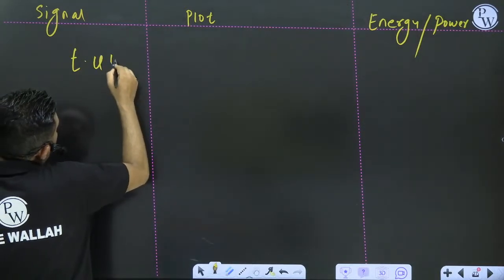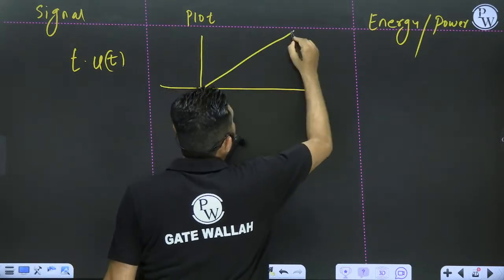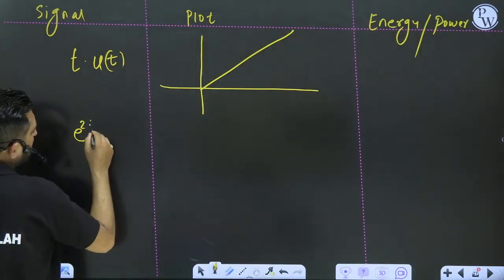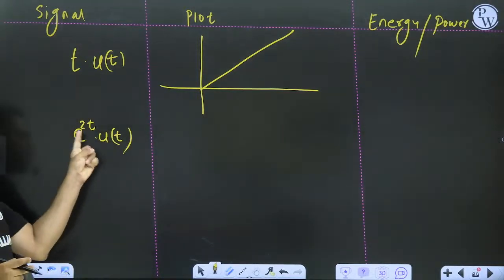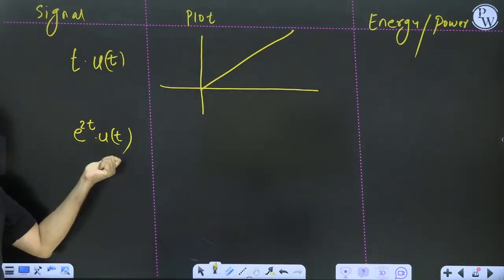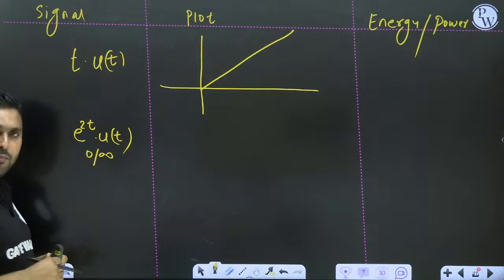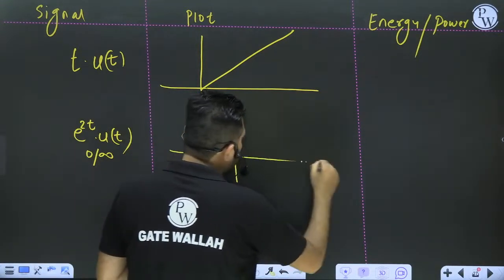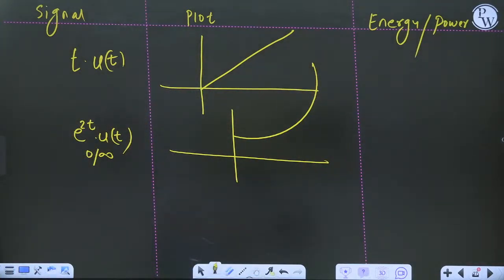You know that t u(t) plot is this one. Then the second one was e to the power 2t u(t). Now look, when you put 0, it comes out to be 1. But when you put infinity, what is the limit? 0 to infinity, no? When you put infinity, this comes out to be infinity. Don't you think that this is the plot which comes like this one? Okay. This is e to the power 2t u(t).